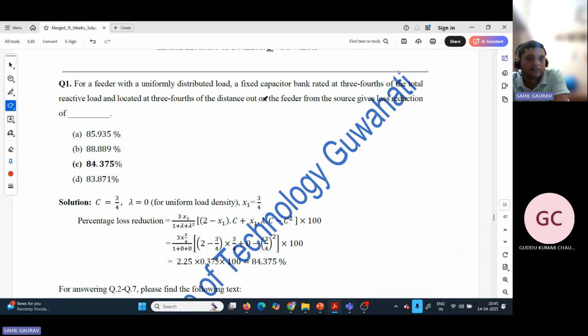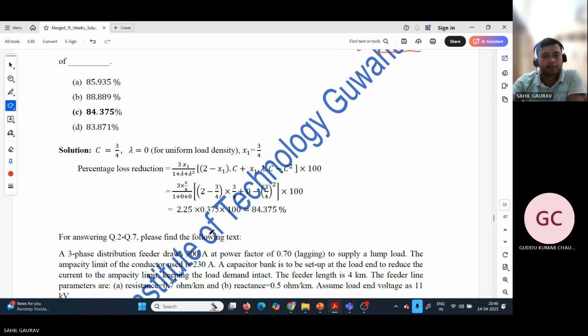Here they are asking that the capacitor bank rating is given and the placement is also given. You have to find the power loss reduction. So you have to use that expression.